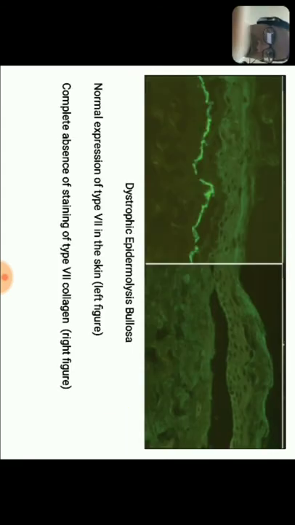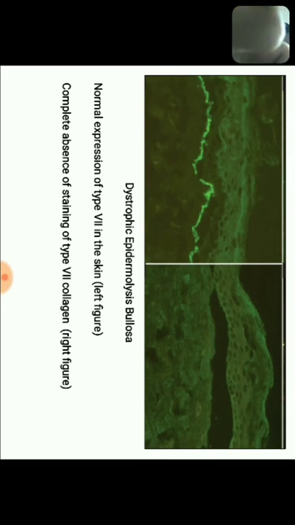Next slide is of dystrophic epidermolysis bullosa. On the left hand side of the figure, the green to yellow light in a linear pattern at the dermoepidermal junction is the normal collagen being demonstrated. Whereas on the right hand side, this is the immunofluorescence pattern of a patient of dystrophic epidermolysis bullosa, in which this green line is not there.